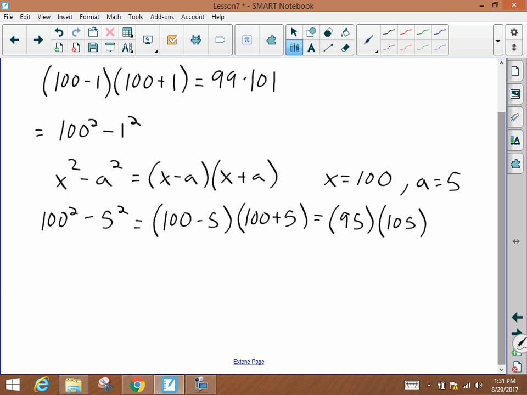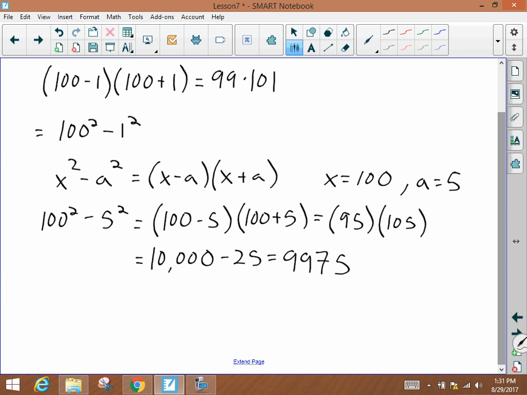Might take you a little time to calculate that mentally, unless you recognize that that is the same thing as 100 squared, 100 times 100, which is 10,000, minus 25. Well, that's easy, no problem. That's 9,975.